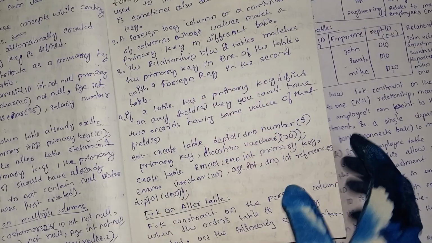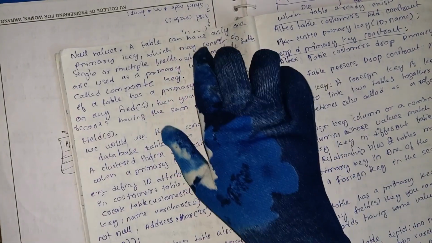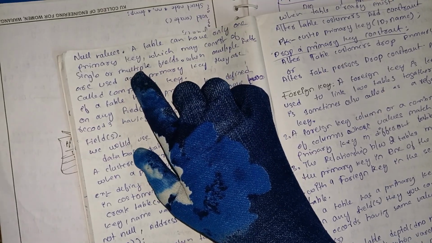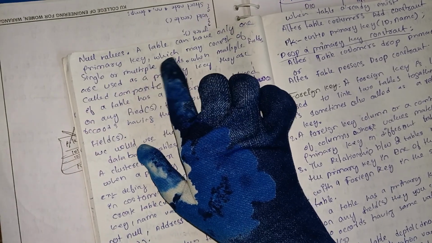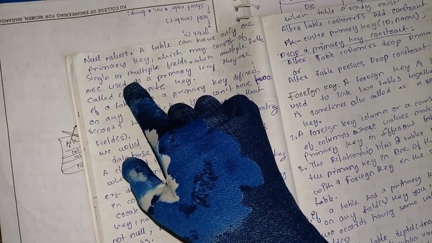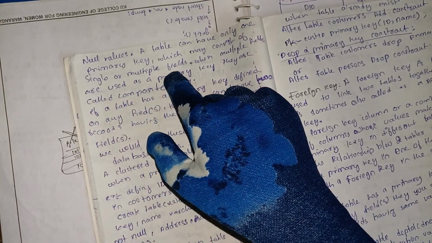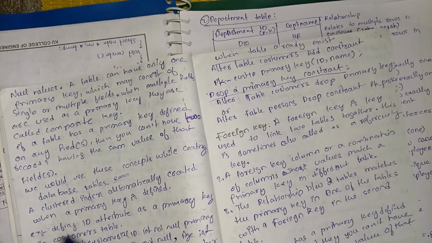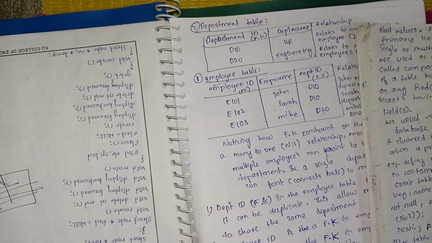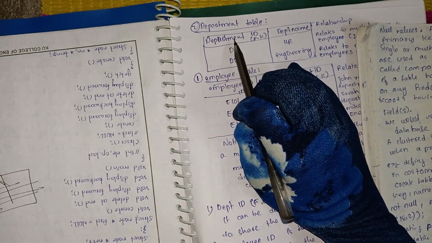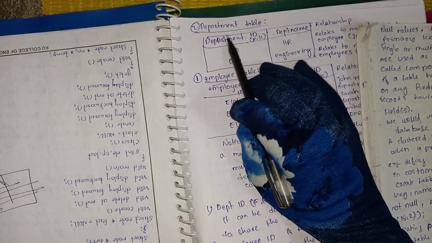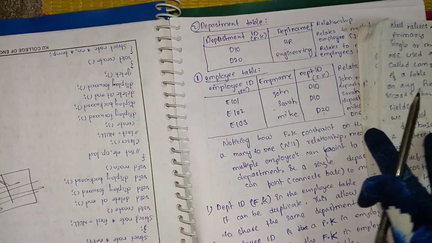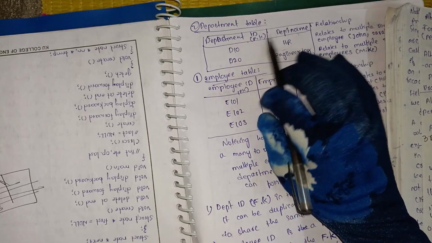And then a table can have only one primary key, which may consist of single or multiple fields. That's the one point. In a table there should be only one primary key. Next, it consists of a single column or multiple columns.